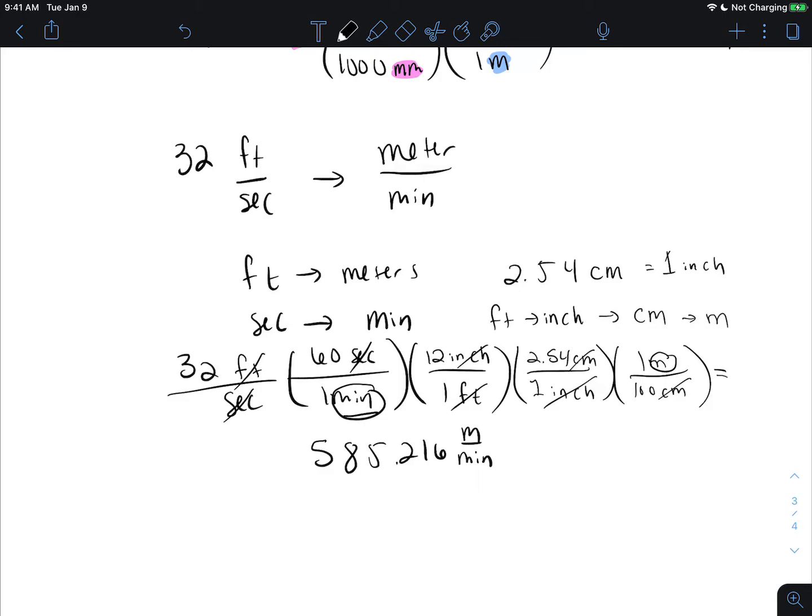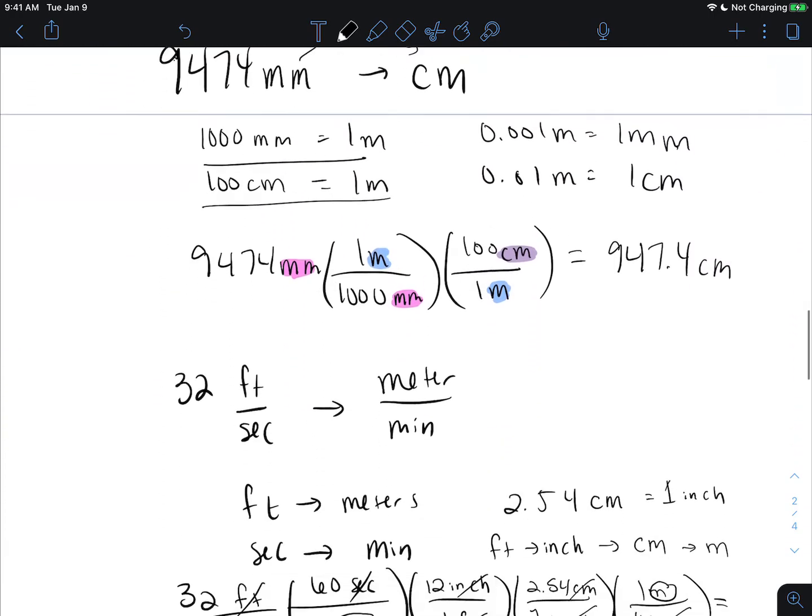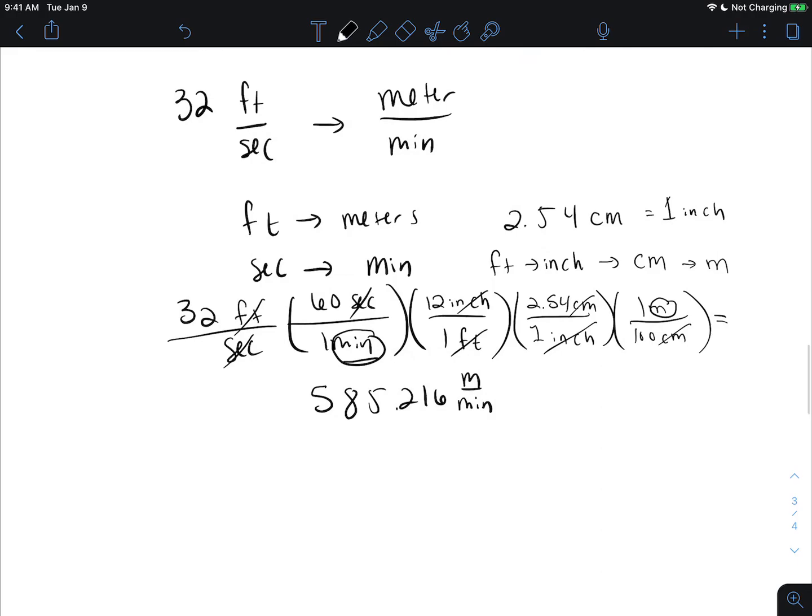But many of our metric English conversions are inexact. However, this one right here, the one we're just looking at, is an exact conversion. So we don't have to consider it in the calculation of the significant figures. The only thing we need to look at is our initial value, because all the rest of these are exact values.